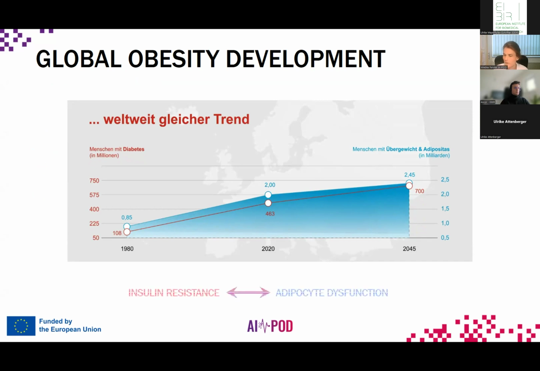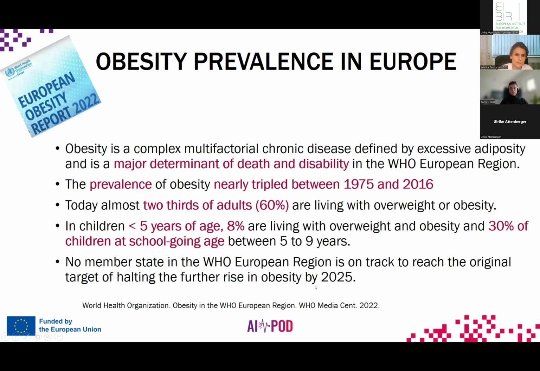The World Health Organization, the WHO, is expecting a rise of 2.5 billion citizens worldwide being affected by overweight or obesity by 2045, so within the next 20 years. And notably, these calculations do not yet consider the negative implications of the corona pandemic, and in particular the obesogenic consequences and implications of the lockdown measures, which we will face definitely within the upcoming years.